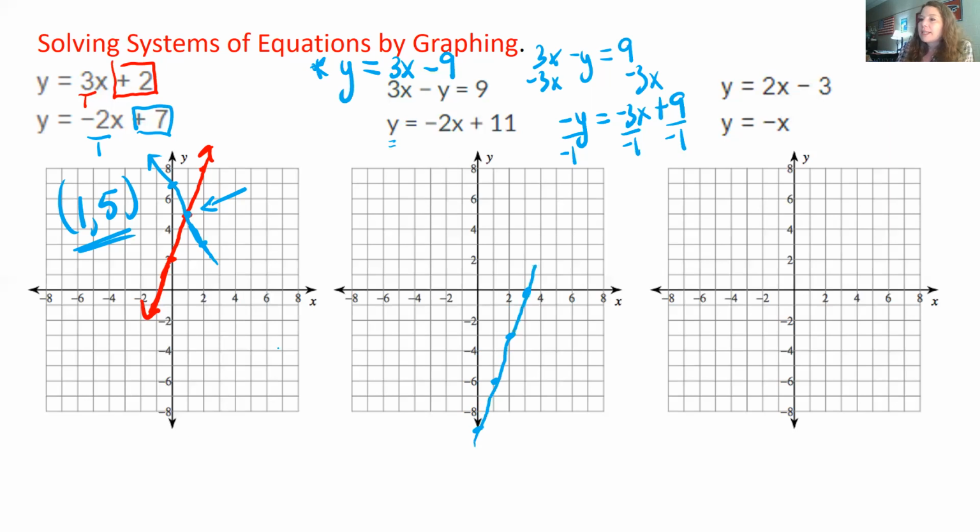Ugh. All right, let's change colors. Now we're going to do positive 11. Goodness, I didn't pick the right numbers, did I? 8, 9, 10, 11. This is not a good one to do. So that would be 10, 9, down 2, right 1.